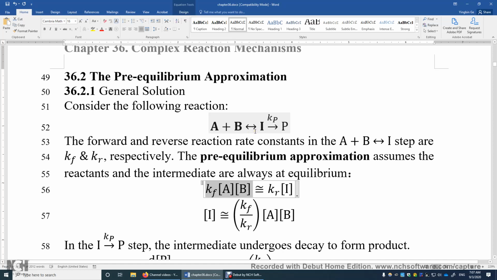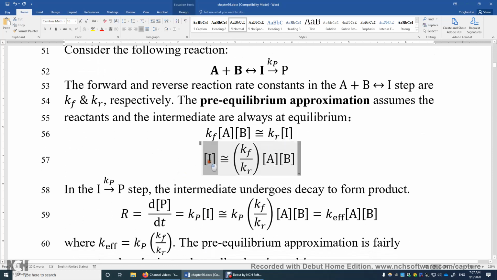The reaction rate is K sub R times I. At equilibrium, the forward rate is equal to the reverse rate, and therefore we get the expression for the concentration of intermediate I.